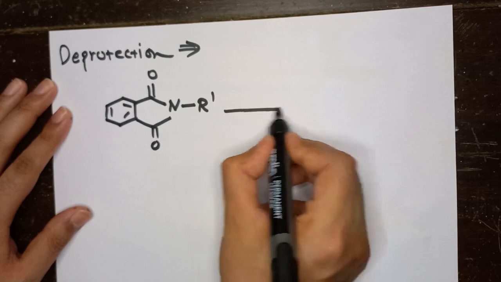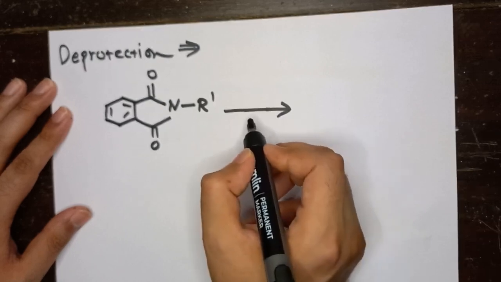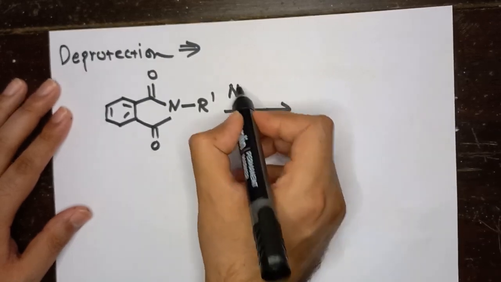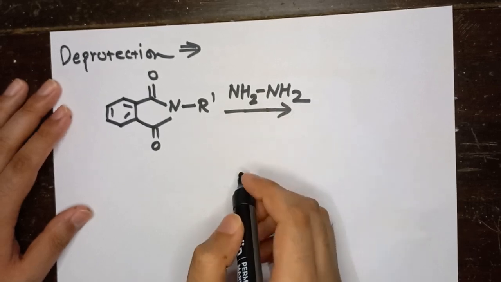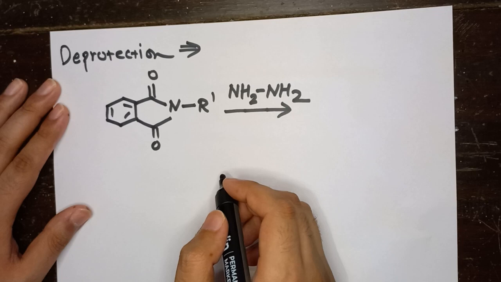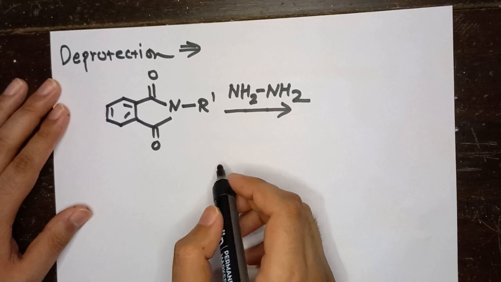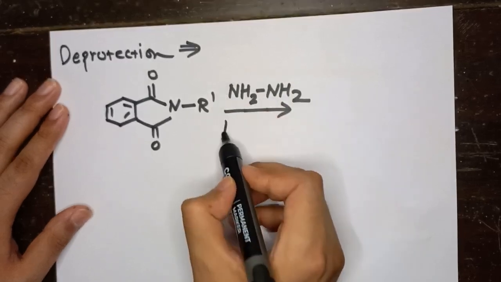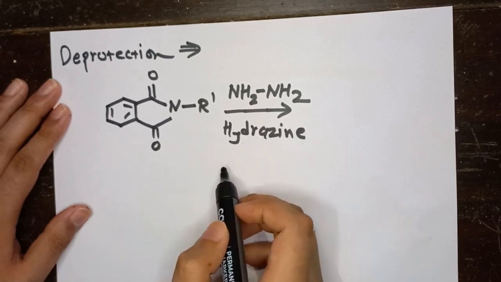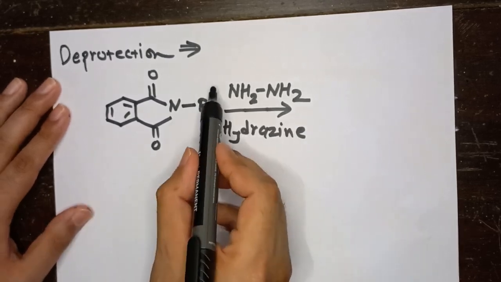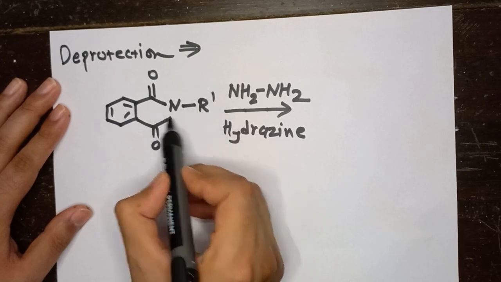To do the deprotection of imide, you need to use hydrazine. You need to remember that deprotection of imide can be done using hydrazine. This is the structure of hydrazine. Now what is the mechanism? How will we get this RNH2 back?